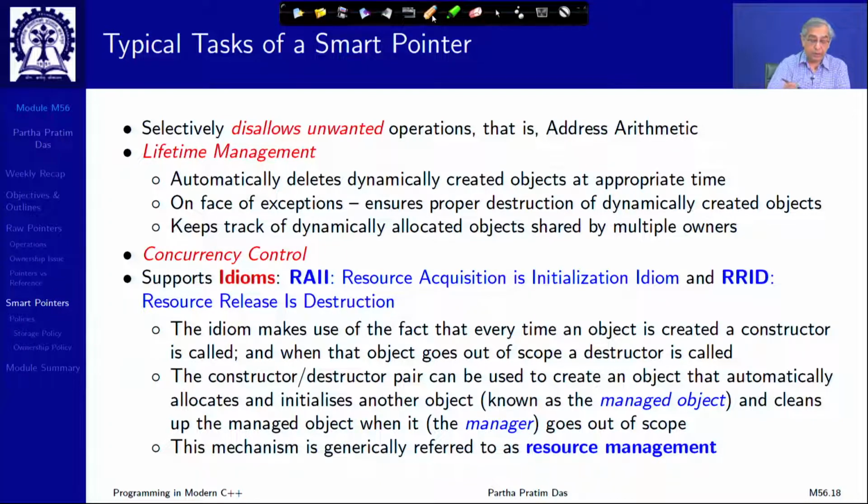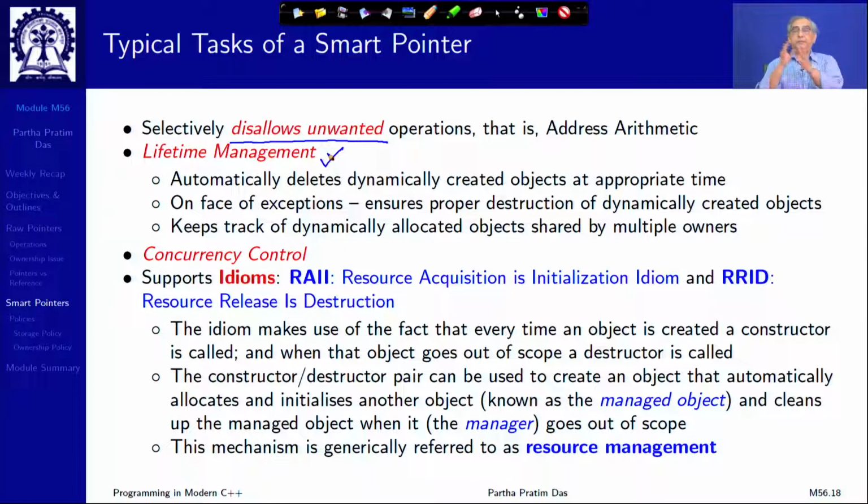So what are the common tasks? The first thing smart pointers do is disallow what are called unwanted operations, that is, address arithmetic. Unless you are doing real system-level programming, you do not need address arithmetic. It is a very bad idea to use. So smart pointers do not have address arithmetic operators, but they help in lifetime management. They automatically delete the dynamically created object at an appropriate time.